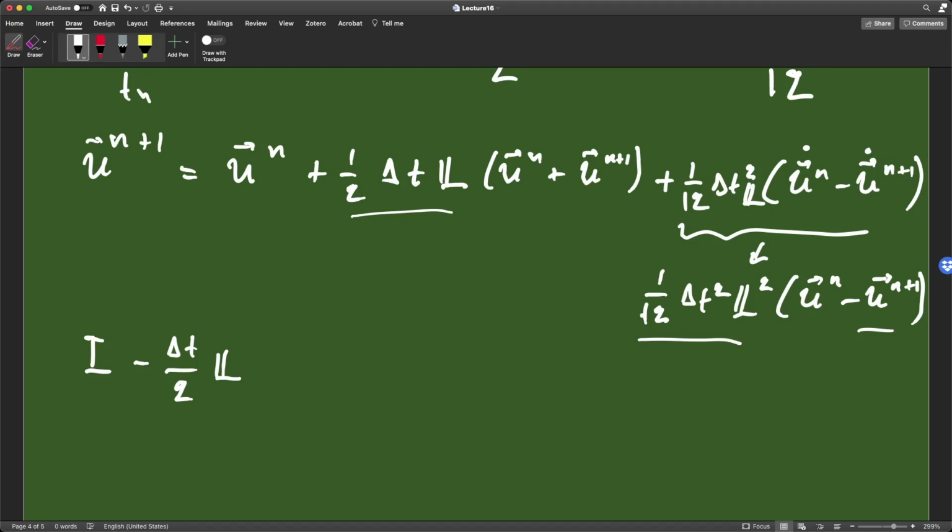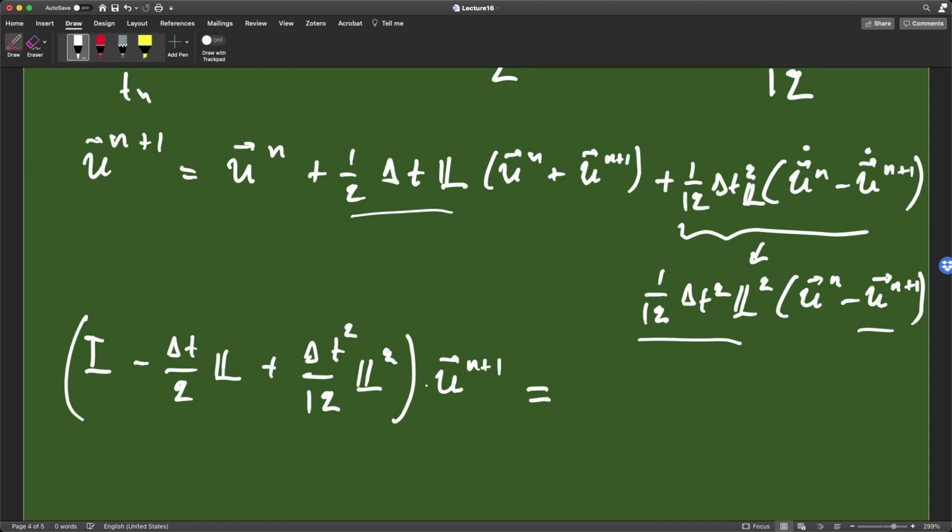It's a minus, so it will become a plus when we take it to the left side. So it'll be delta T squared divided by 12 times L squared. And then all that will multiply the vector u n plus 1.